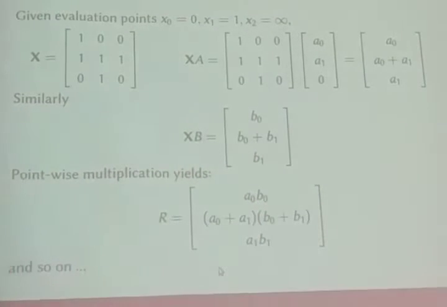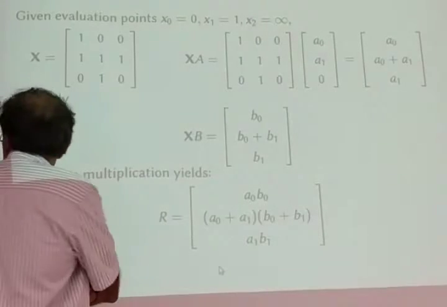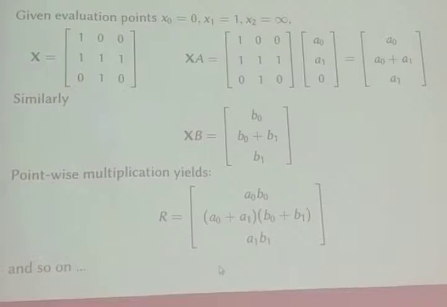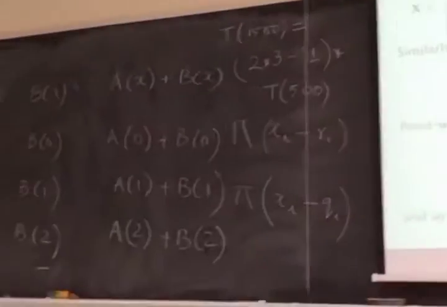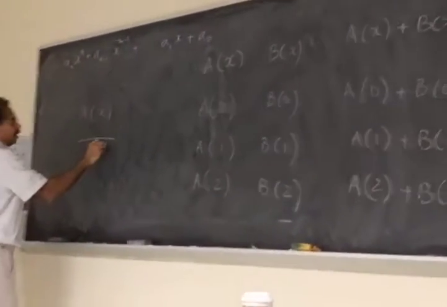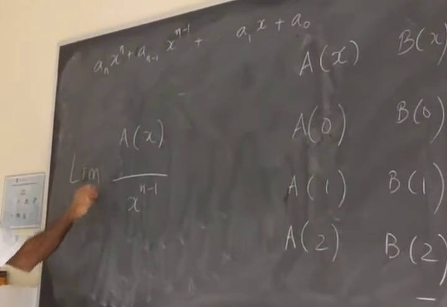So what is the meaning of evaluating something at infinity? Well, instead of just saying that when you evaluate a polynomial at infinity, it yields infinity, we are going to redefine it to be the value of the largest coefficient. Okay? The idea is that instead of just saying infinity, let's compute the limit of a of x divided by x to the power d.